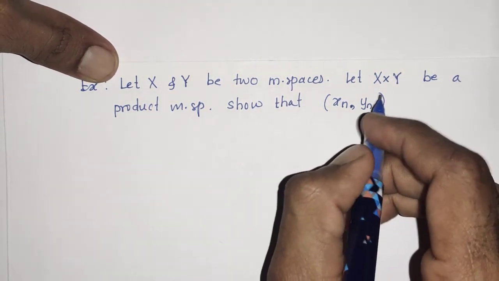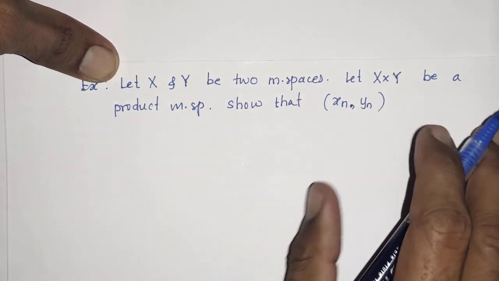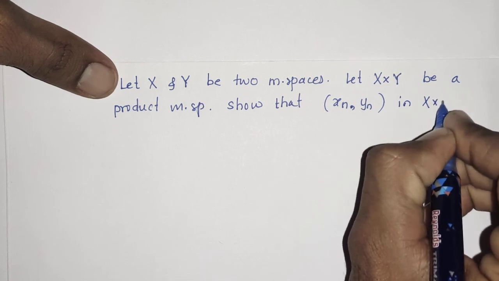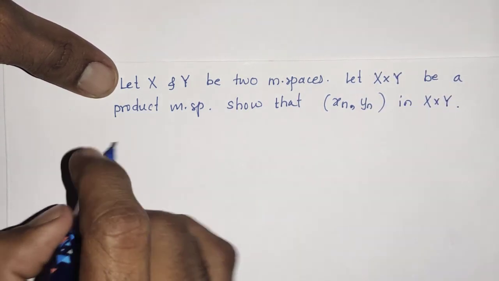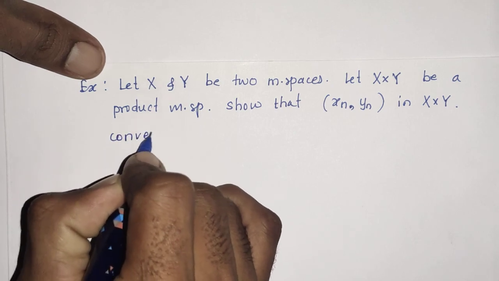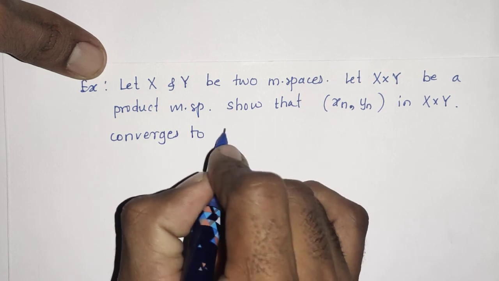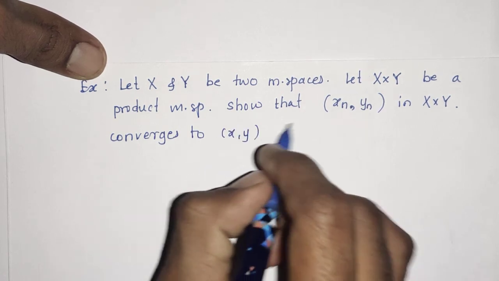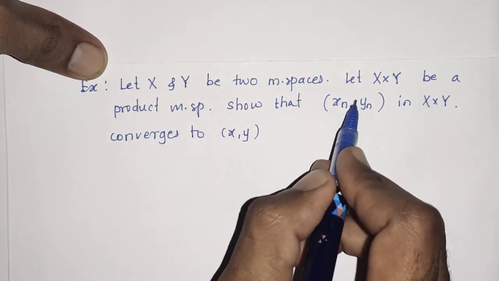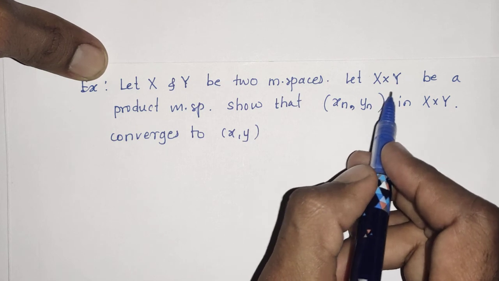Show that this sequence (xn, yn) in the product metric space X cross Y converges to an ordered pair (x, y), a point in X cross Y.